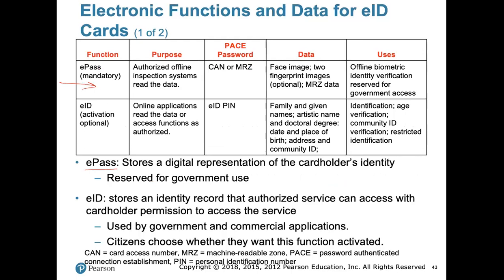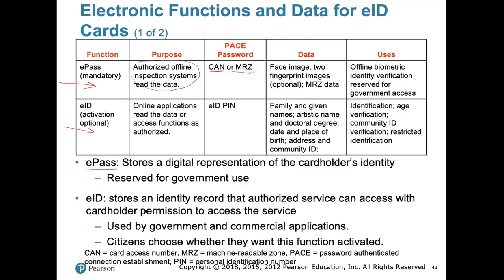And like I said, it's for authorizing offline inspections, and some pieces of information like CAN or MRZ that I just explained on a previous slide might be used here as a password if required. Another functionality, which is a little bit more advanced than ePass, is called EID authentication.